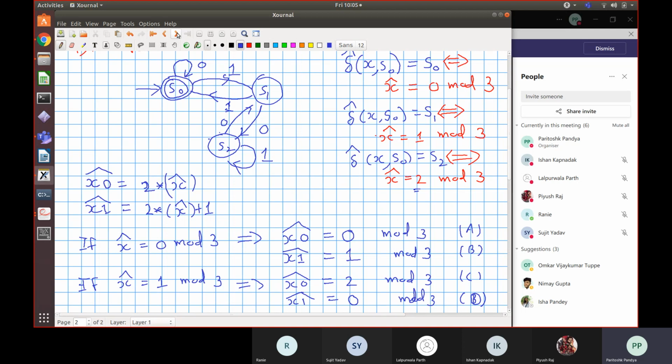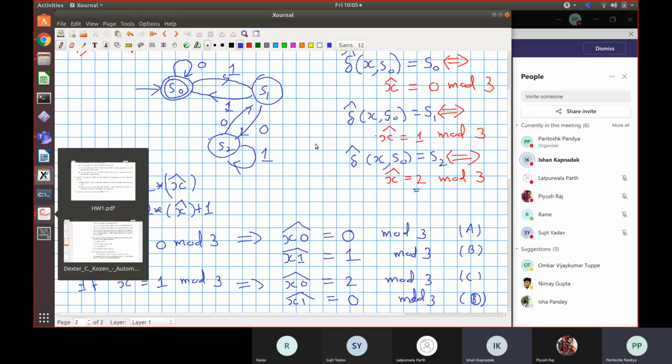So now you know how to do it for numbers which are divisible by anything. Binary numbers which represent multiples of some number can all be done using finite state automata. So this is giving you some idea of what finite state automata can do. Okay, we'll move on to the next question.